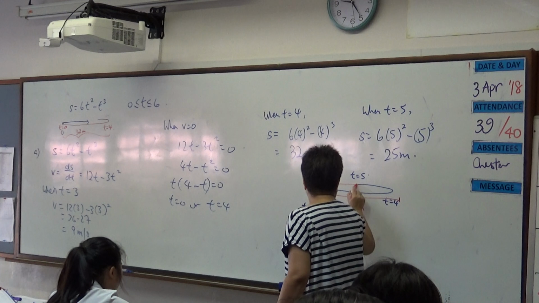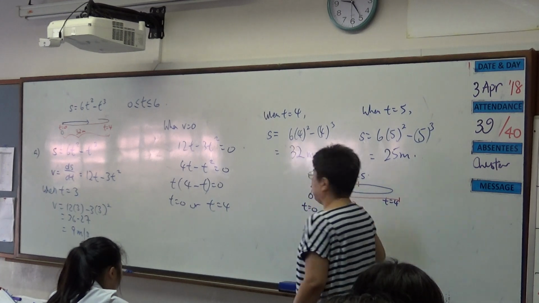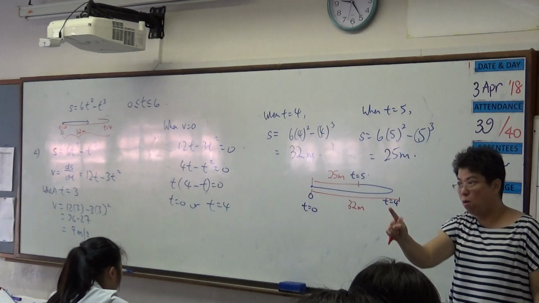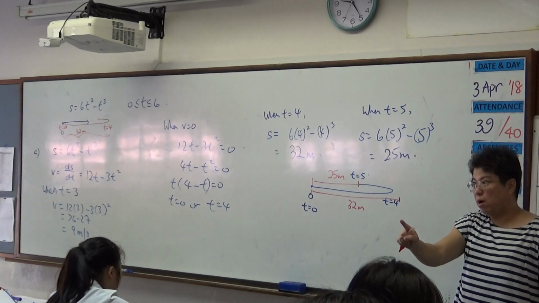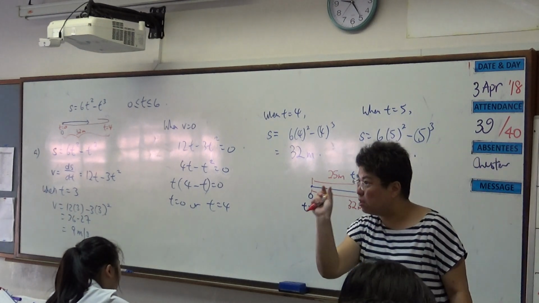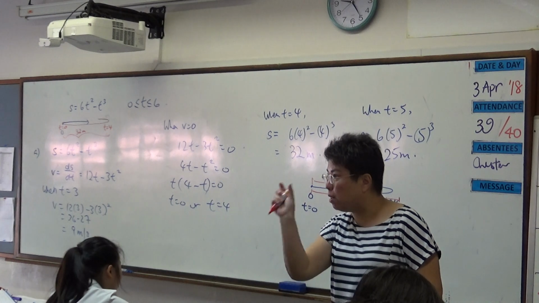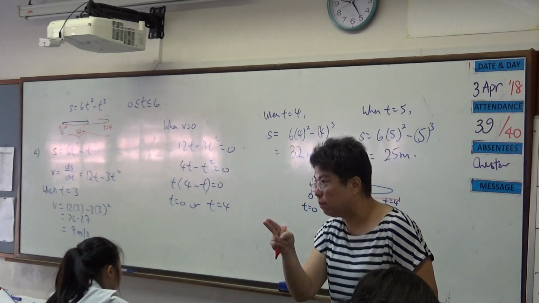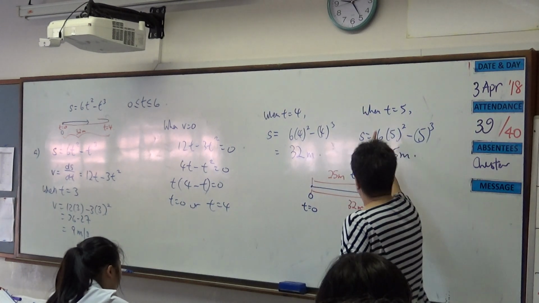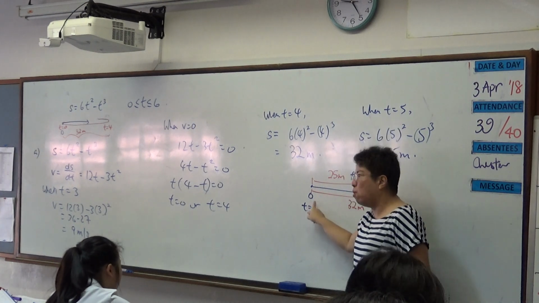Then from here to here is 25 meters. It is displacement from O. Correct. I told you displacement and distance have a difference. Remember? Displacement means the distance away from the reference point. When t is 5, it's 25 meters from O.